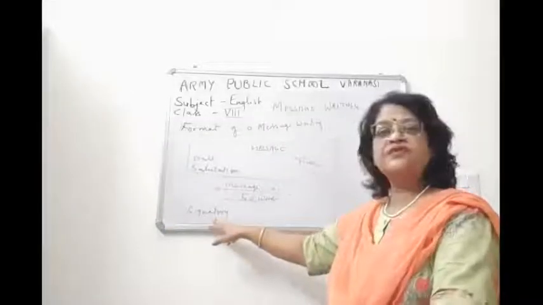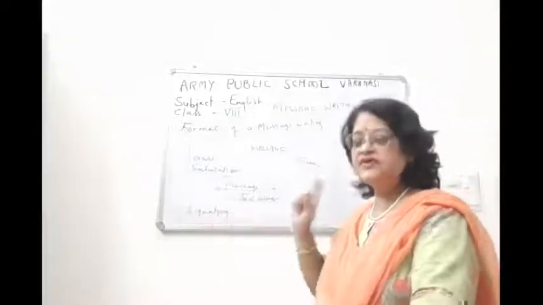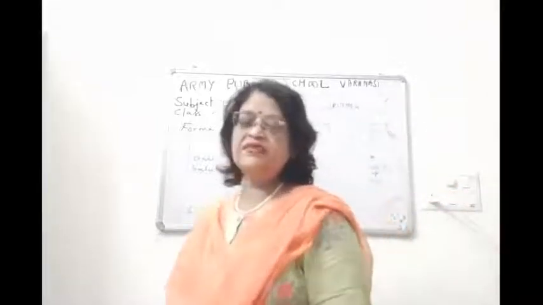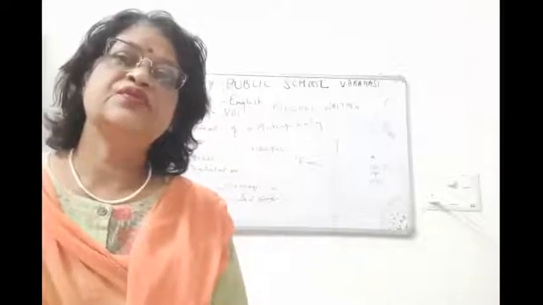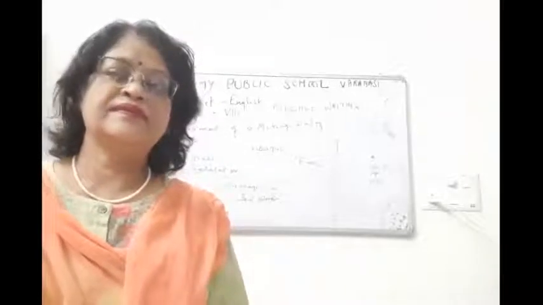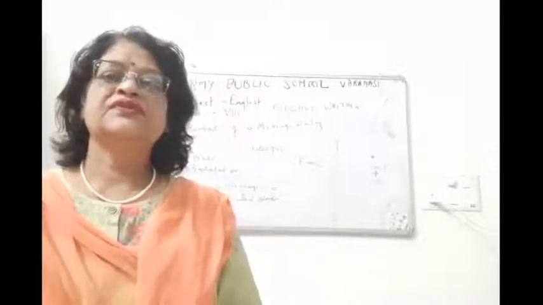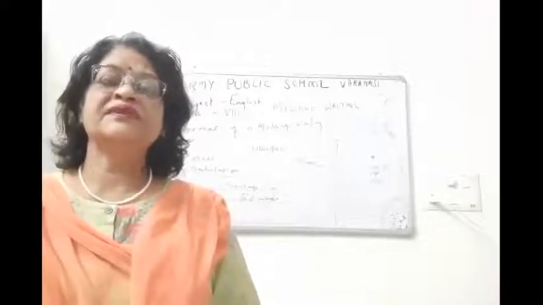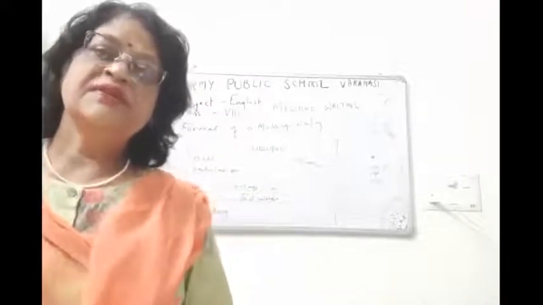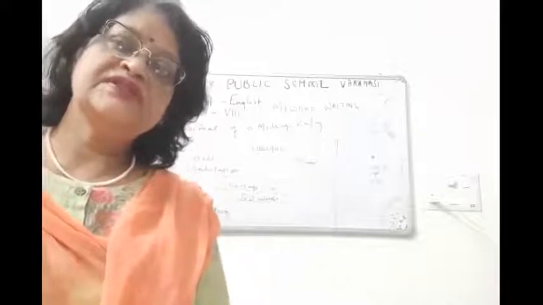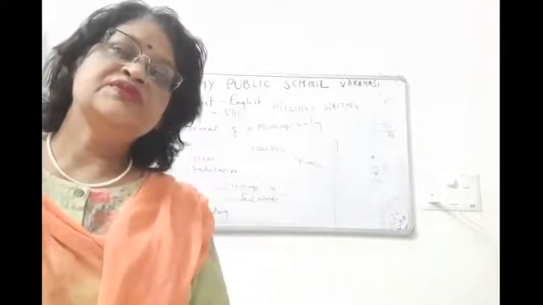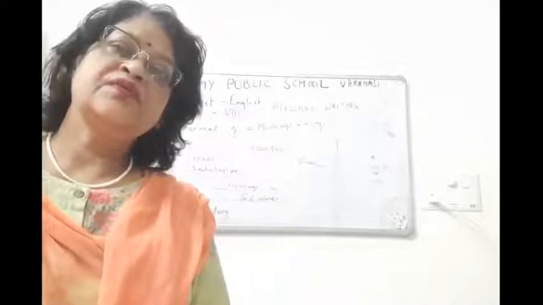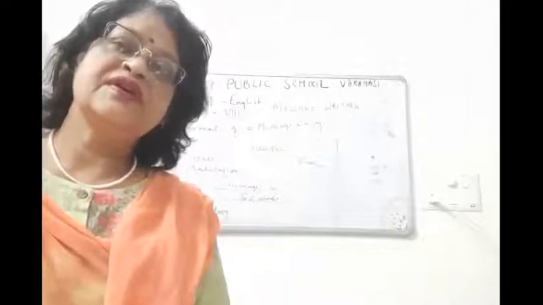And here, children, you have to write the signatory. In the signatory you have to write the name of the person who is giving the message. So salutation is the receiver of the message, and signatory is the person who gives the message or leaves the message for the person who is not present at the time of message writing. So this you have to see.